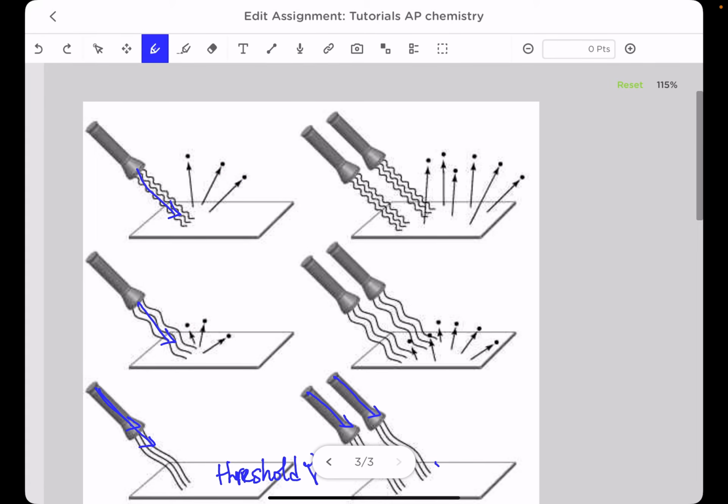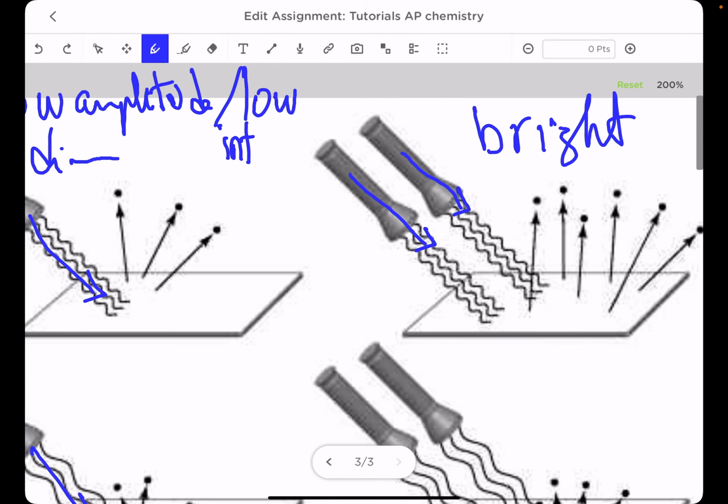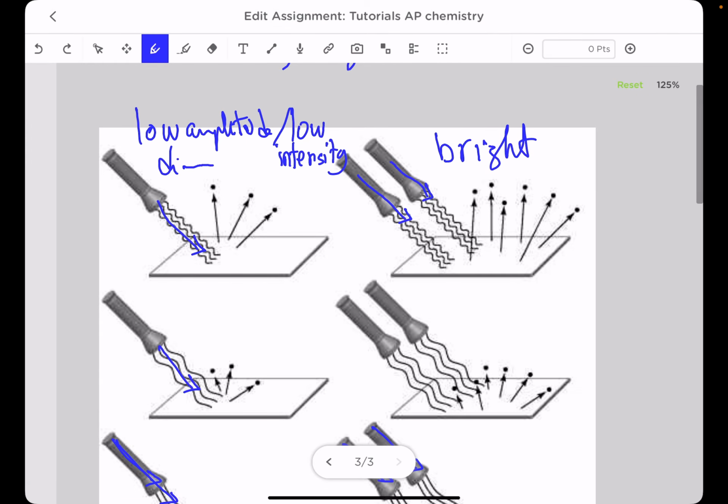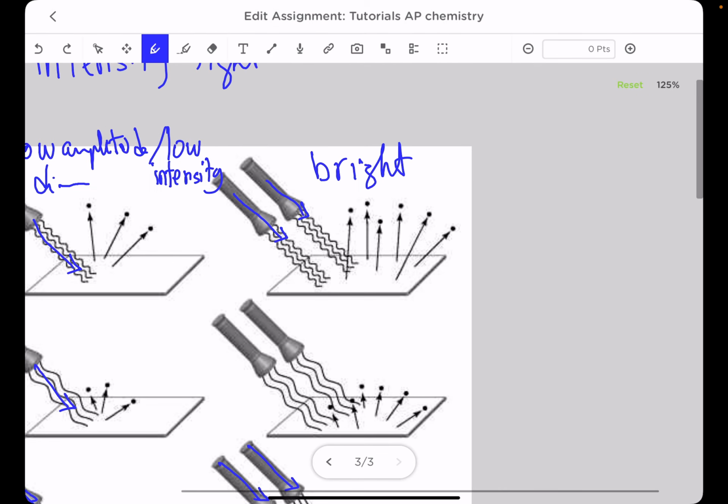Now, of course, if I direct more light, so this is dim light. This is a bright light. This one with a low amplitude. Amplitude meaning low intensity. I have electrons ejected, but fewer. Now let's look at the brighter light.